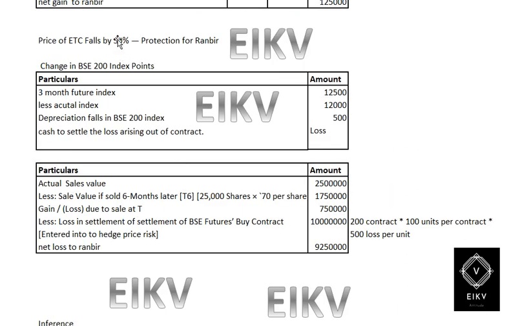Going further, price of ETC falls by 30%. So change in index value, the BSE 200 index point: the 3-month future contract is 12,500, less actual index after 3 months, which will be reduced to 12,000, therefore the difference would be 500. So cash to settle the loss arising out of the contract. So the contract would be a loss of rupees 500.